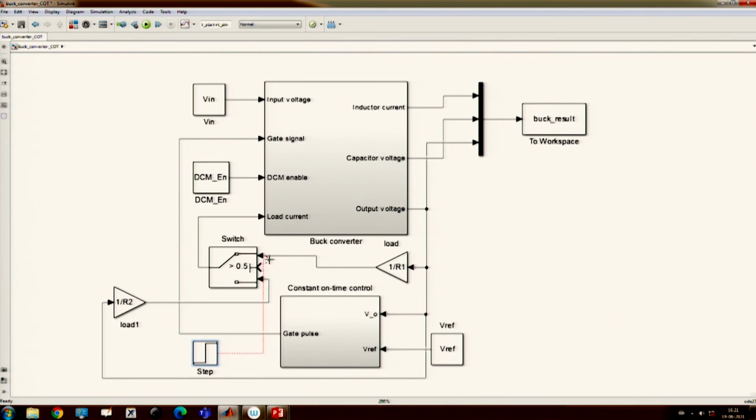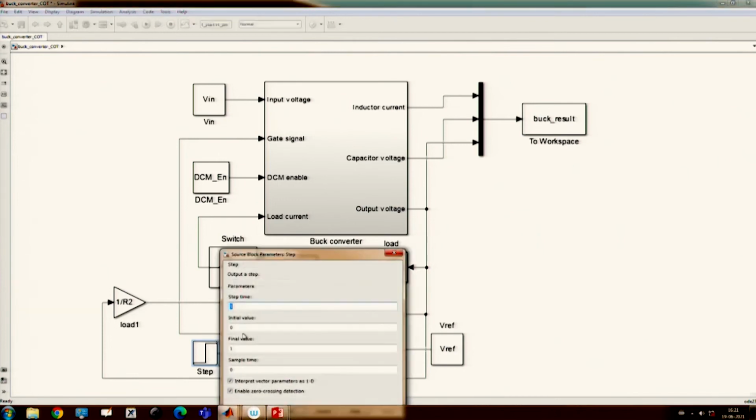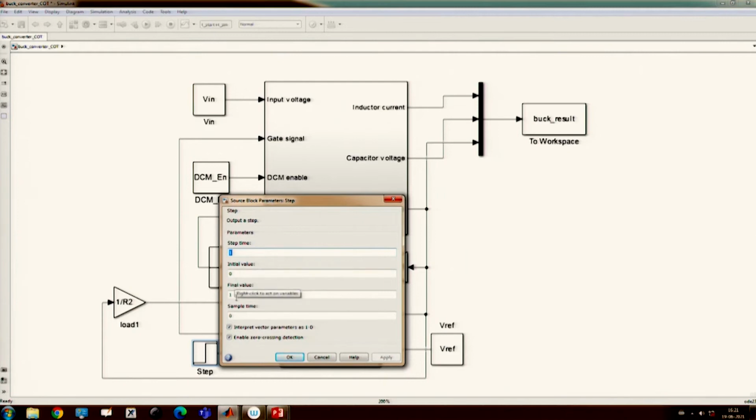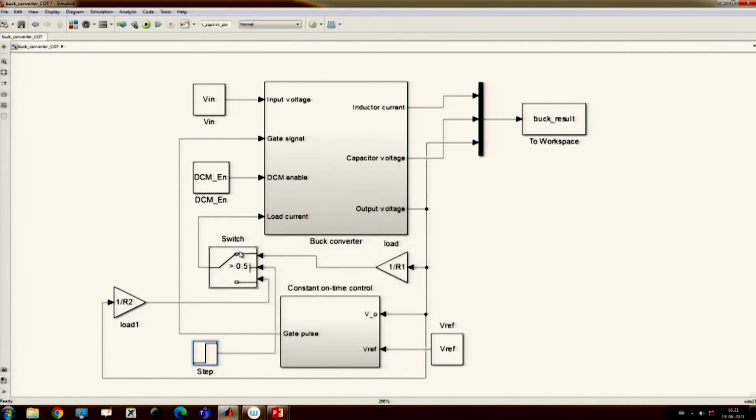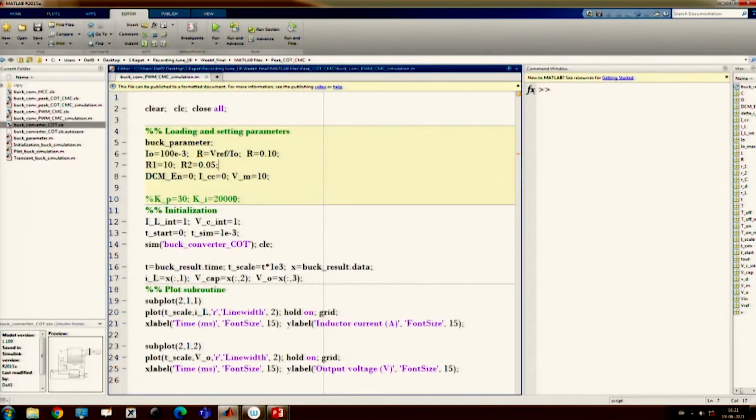This will be 1. It is initially 0, it becomes high, and what is the step time? At what time are we going to change? Let us say at 0.5 millisecond we are going to see the transient. Now, let us run this simulation for 1 millisecond.